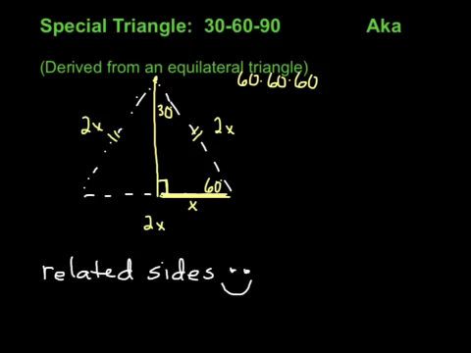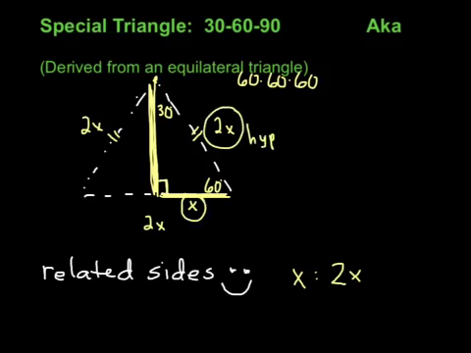Now by way of Pythagorean theorem, we can find the third side. Usually that's the one people have a hard time remembering, but so far we have x and 2x. There's a 1 to 2 relationship here between that short leg and the hypotenuse. And I am going to call that the short leg, not to discriminate, but because it is. It's the shortest leg because it's across from the smallest angle.